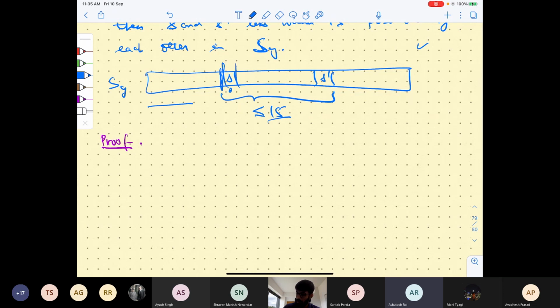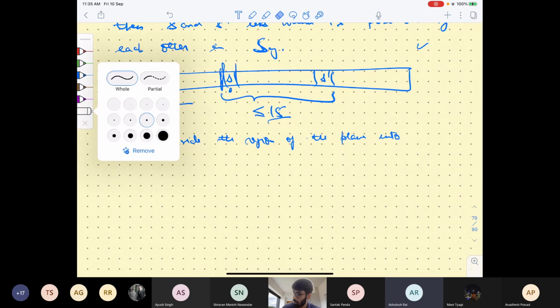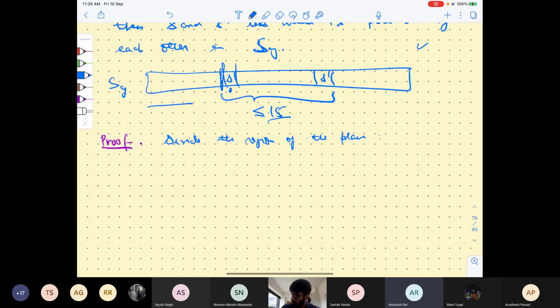Let's say we divide the region of the plane which contains the points of S in the following way: into boxes of size delta by 2 times delta by 2.